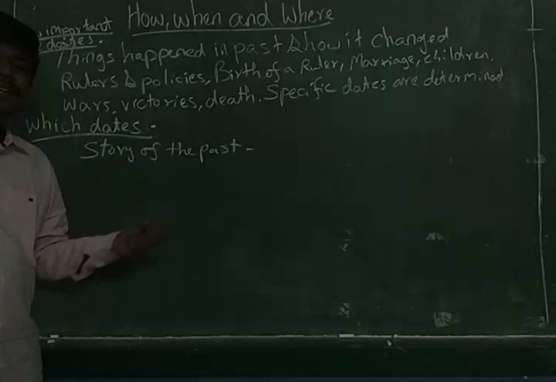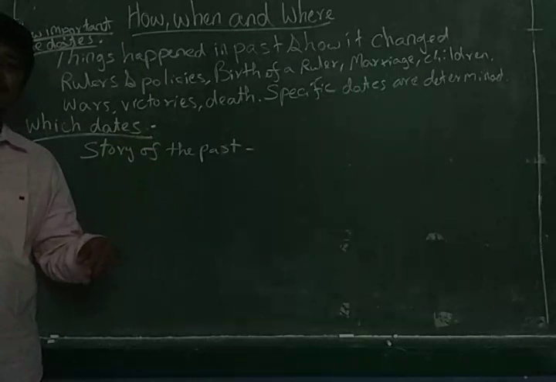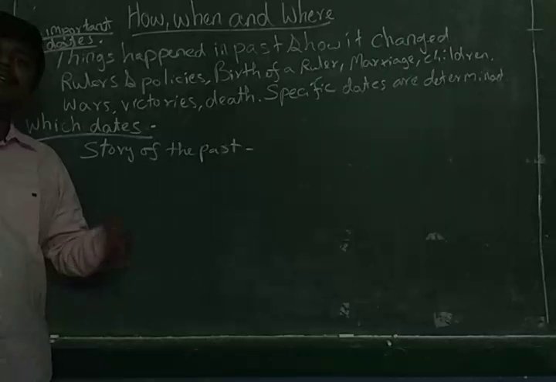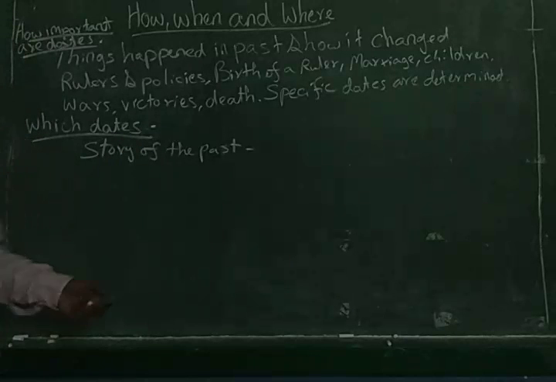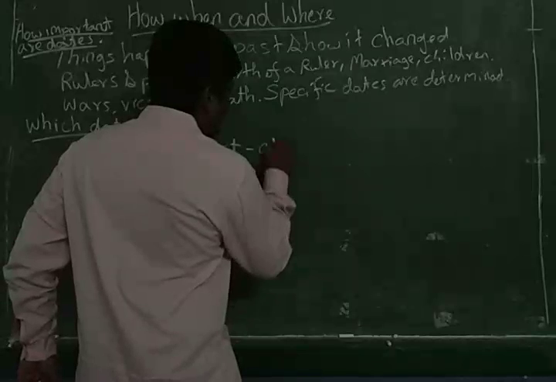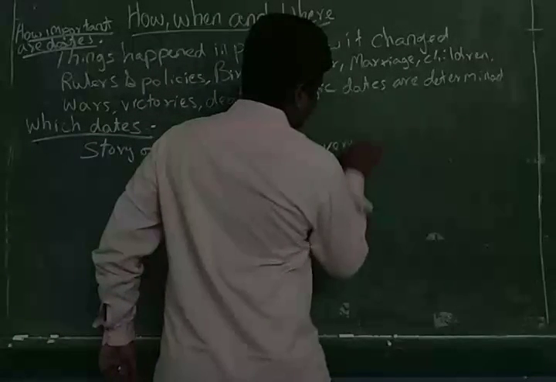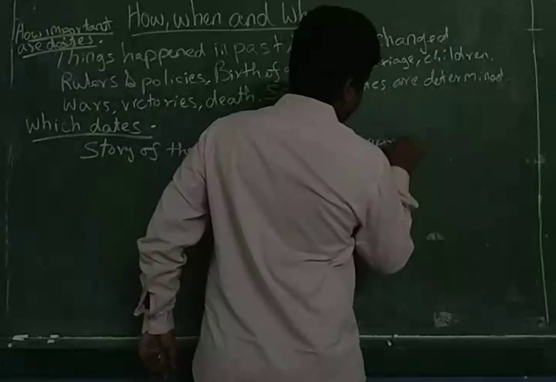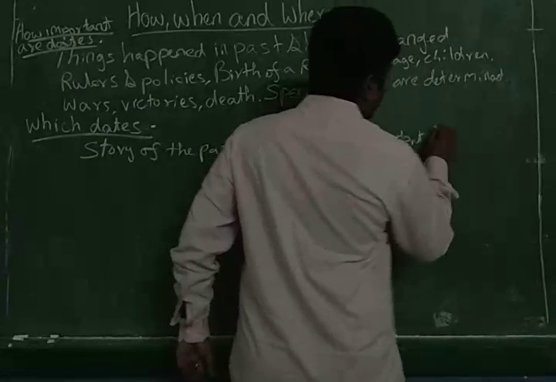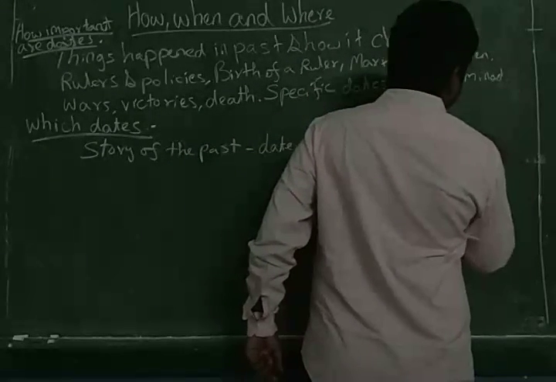Or else you will think, oh, he is saying some story. You won't believe that it is a real one, right? So even if it is a story of the past, a date is very important to specify. Okay, ma'am.